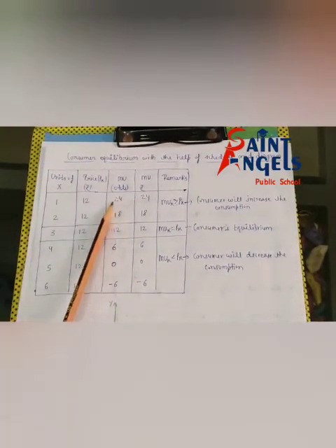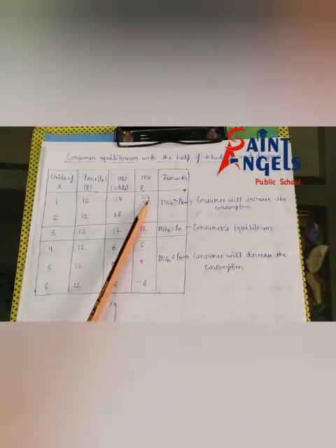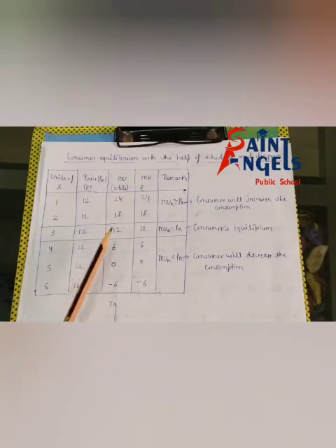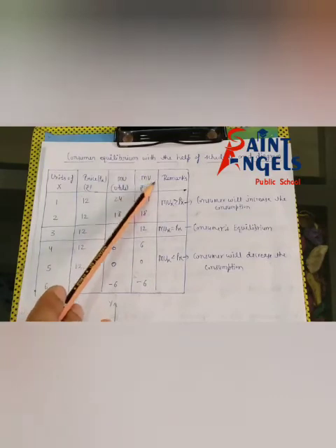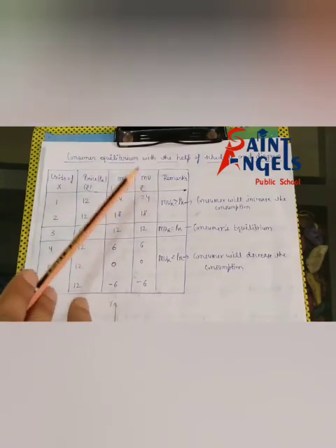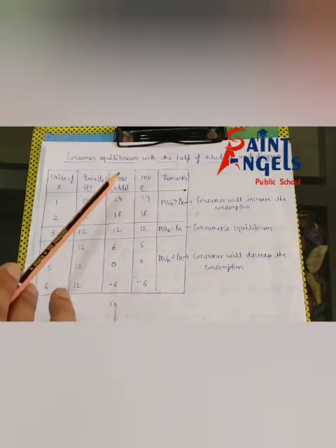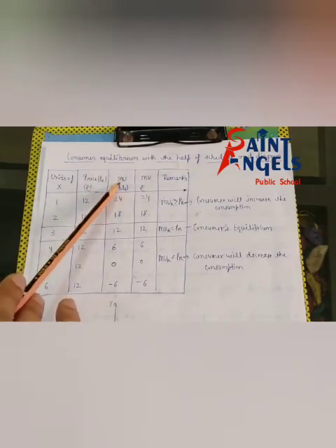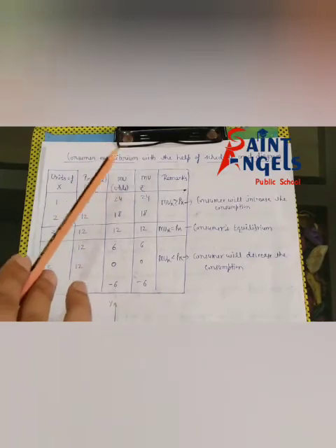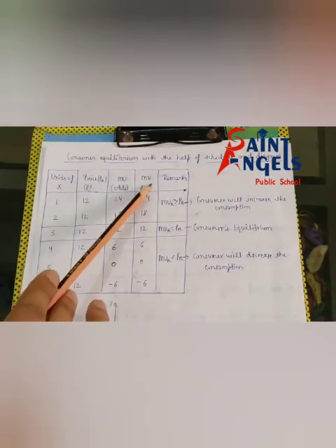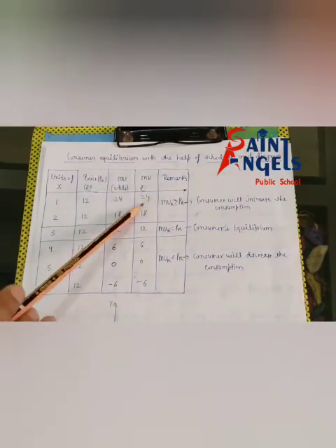Means 24 divided by 1 will remain 24, 18 divided by 1 will remain 18, 12 divided by 1 will remain 12. But see, this marginal utility is expressed in rupees, because we have converted this marginal utility which is in utils into marginal utility in rupees. I hope this is clear.